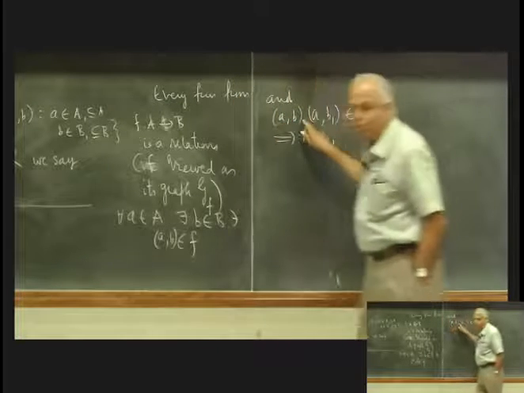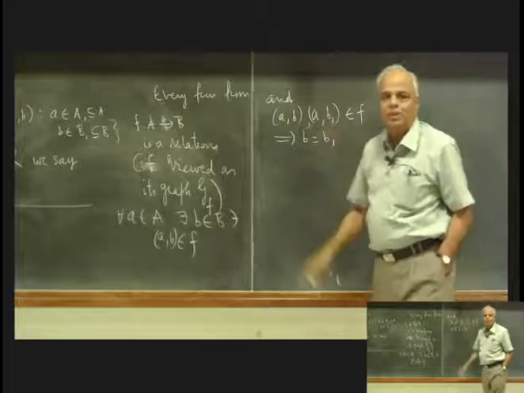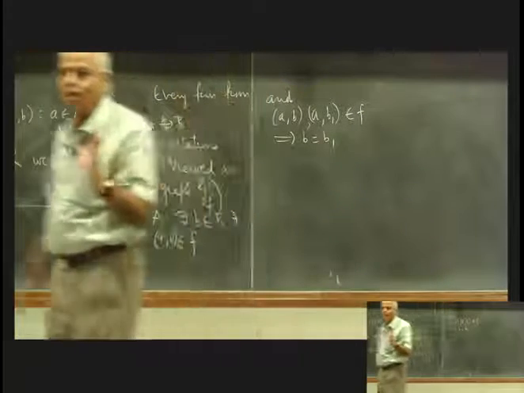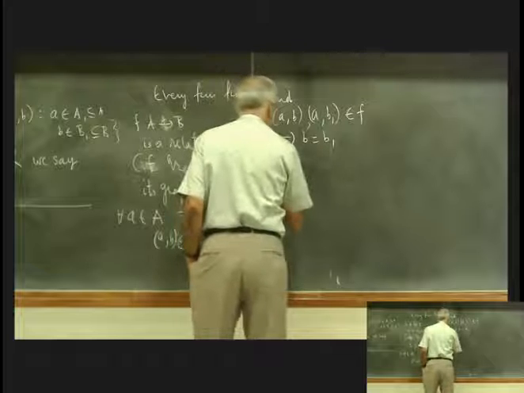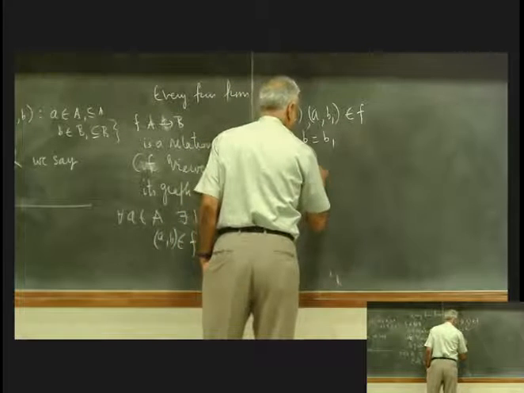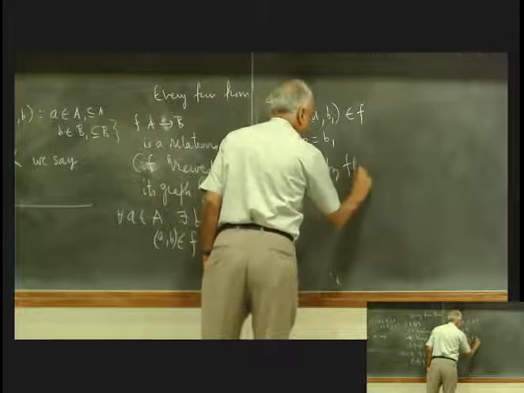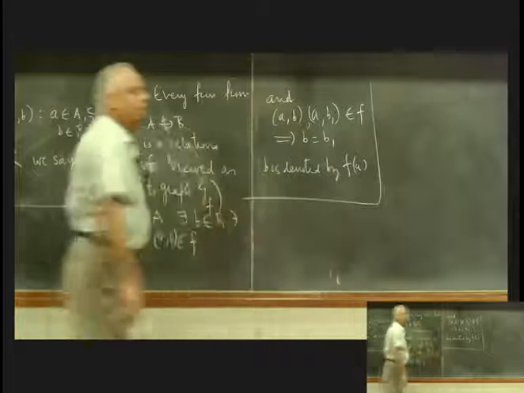I am not saying (a1, b) equal to (a2, b) implies a1 equals a2. I am not telling one-one or anything. All I am saying is the value should be uniquely defined. Okay, then b is denoted by f of a. That's our usual, coming back to the old notation.